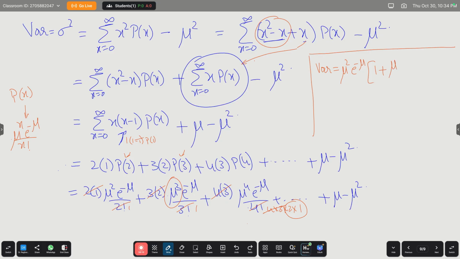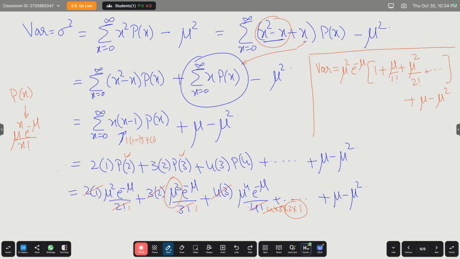And in the next term, mu square is there because mu power 4, 2 has gone out, so mu square will be left, but divided by 2 factorial is there. And in the next term, it will be mu cube by 3 factorial. So this can be written as 1 factorial up to infinity. And after that, plus mu minus mu square.